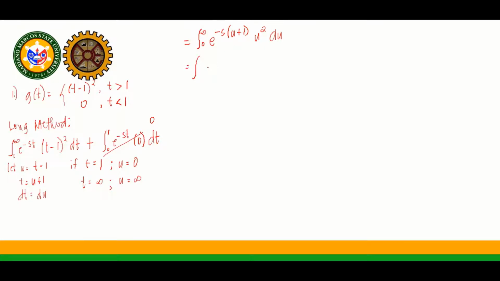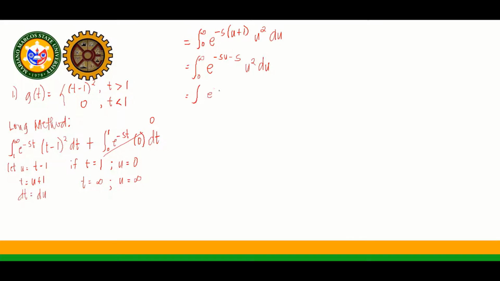So i-recall nyo yung, this is e raised to negative s(u plus 1), since negative s times 1 is s, and then u squared du, limits from 0 to infinity. Now, recall nyo yung properties of exponent na if they have the same base, and the operation is multiplication, you can add the exponents. So yun yung gagawin natin, however pabaliktad lang.